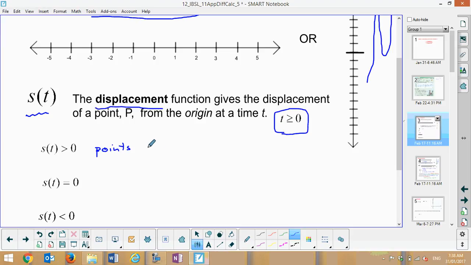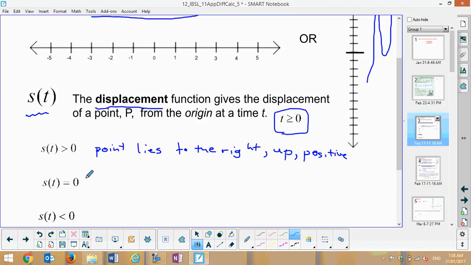The point lies to the right, or we can go up. It's in the positive section of your graph.